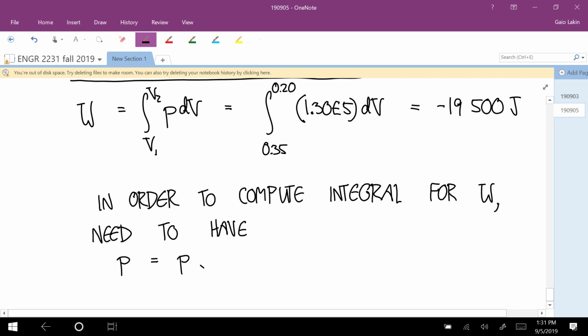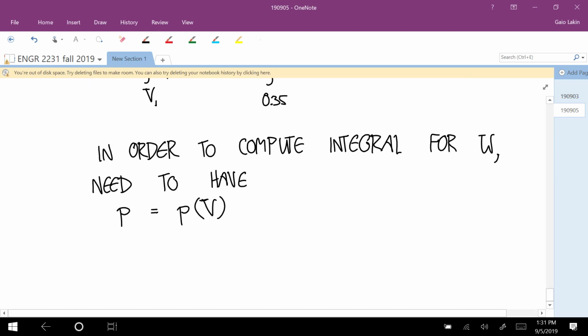Pressure is a function of volume. Constant pressure is especially easy. If you see one of these and you have constant pressure, you're happy.